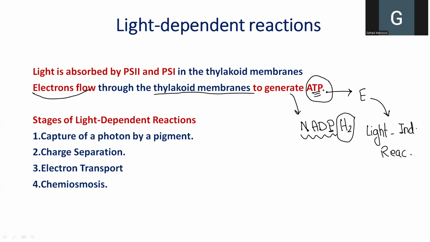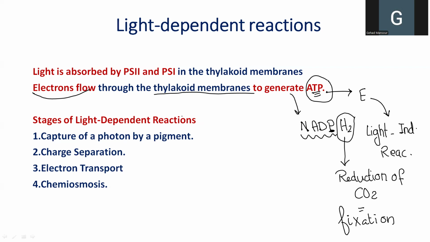Note that in photosynthesis, the hydrogen carrier is NADP and not NAD, and this hydrogen will be utilized for reduction of carbon dioxide into glucose, or in other words, for fixation of carbon dioxide into glucose. We will see this in more detail over the following slides.